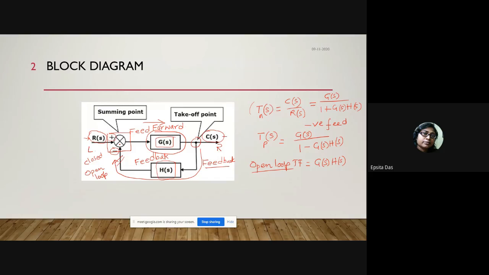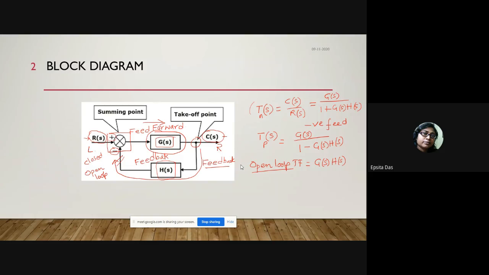If the loop is not attached here and there is only a signal and G(S) and a feeding path up to H(S), the overall transfer function of this open loop system is G(S) into H(S). Okay, so the open loop transfer function of a system is always G(S) into H(S).